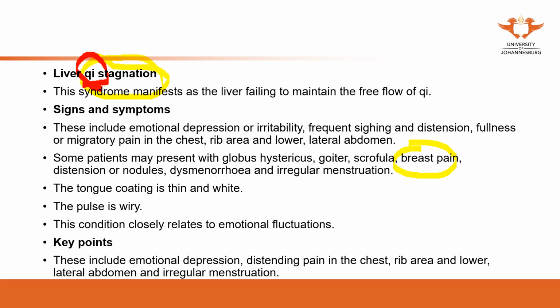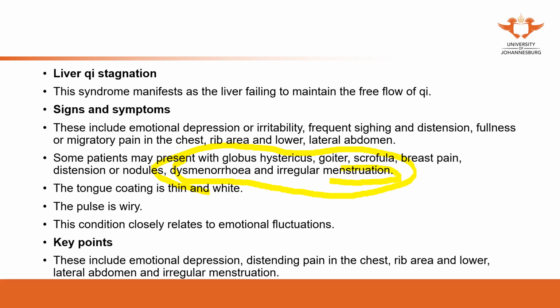That's why they can experience this kind of feeling. Dysmenorrhea, irregular menstruation. These are related to the uterus and the reproductive system, the menstruation. The reason is also that the liver meridian travels around the external genital area.